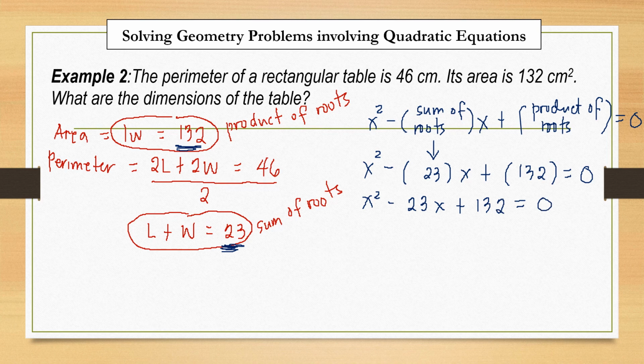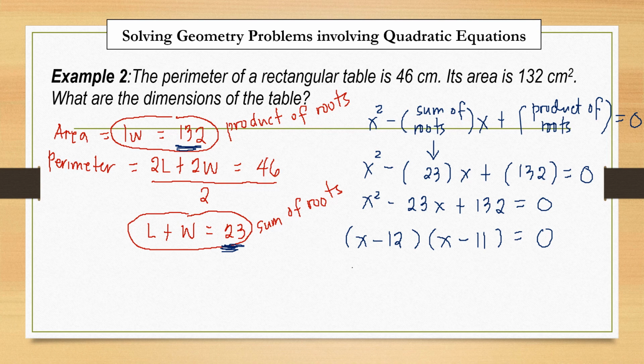So we can now solve it using any method. Let's use factoring. What are the factors of 132 that will give us negative 23 when added? That would be negative 12 and negative 11, because negative 12 times negative 11 is equal to 132, and negative 12 plus negative 11 is negative 23.